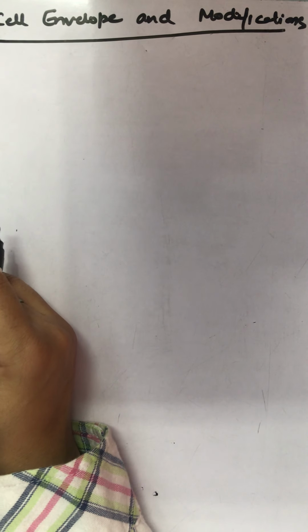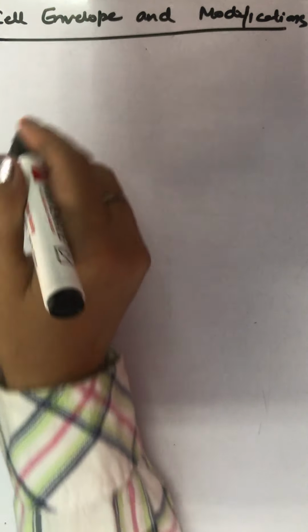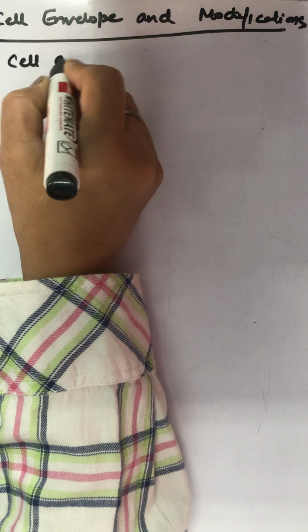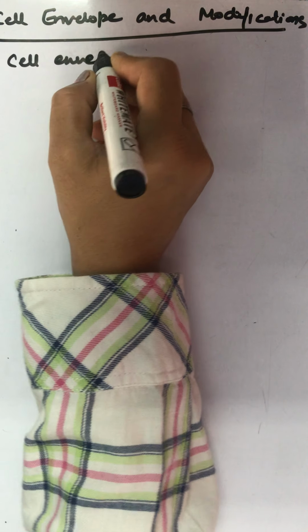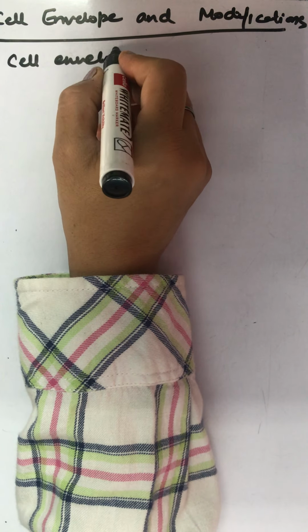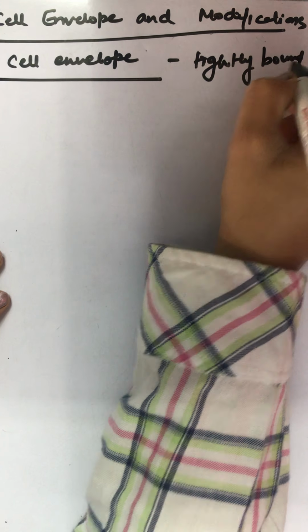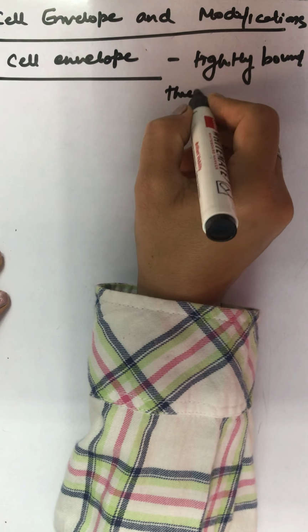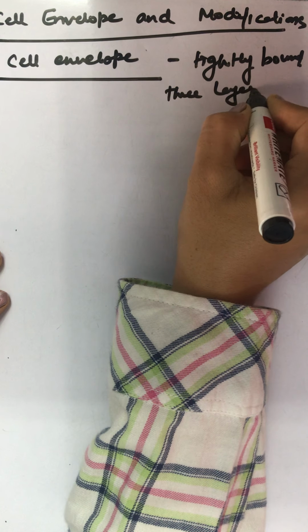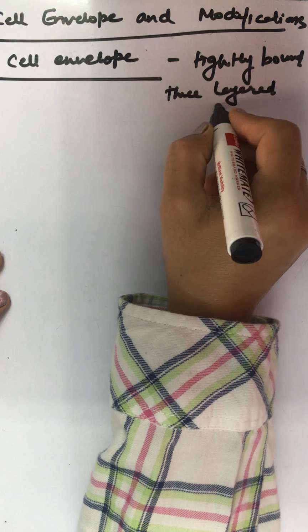Now when we talk about cell envelope, this envelope is a tightly bound three-layered structure.